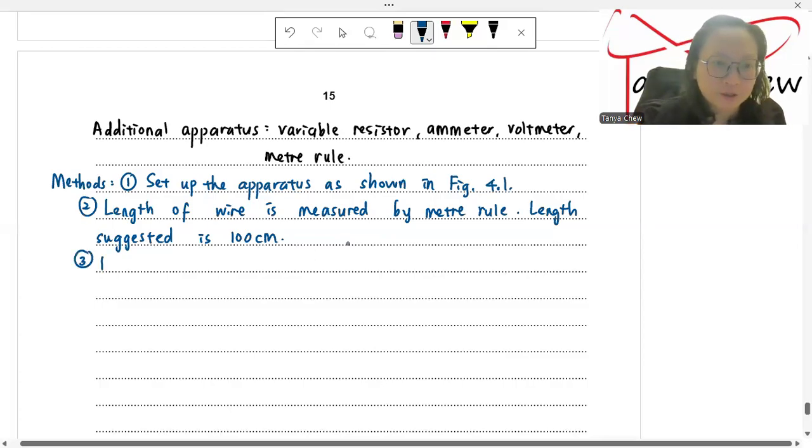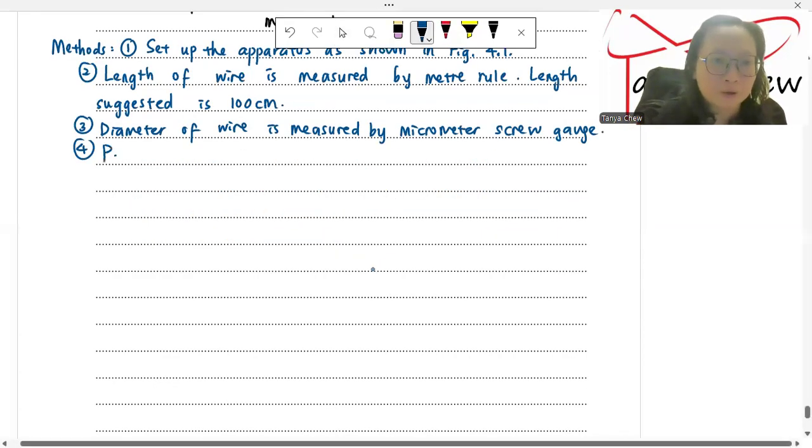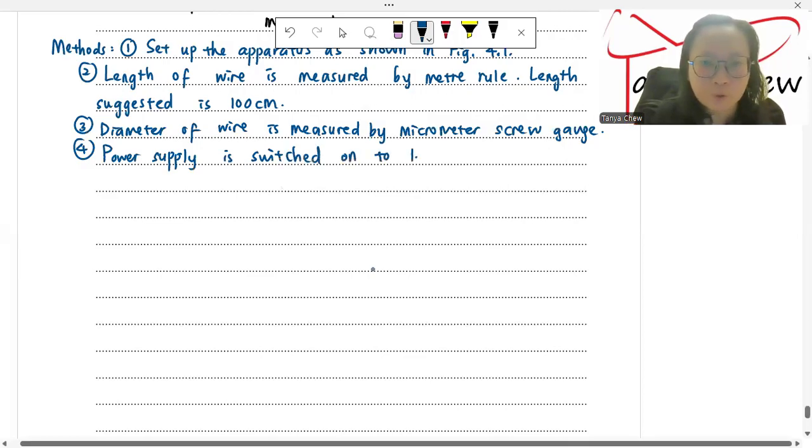And then I say diameter of the wire. Diameter of wire is measured by micrometer screw gauge. And then after that, I say that switch on the power supply. Power supply is switched on to 1 volt. I just use a small voltage.